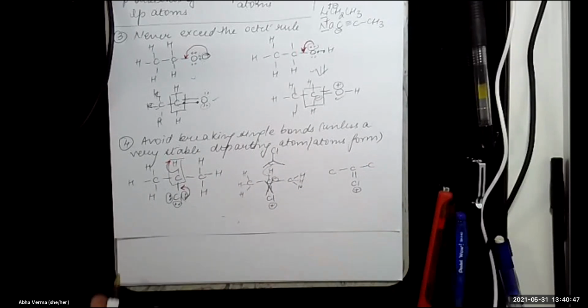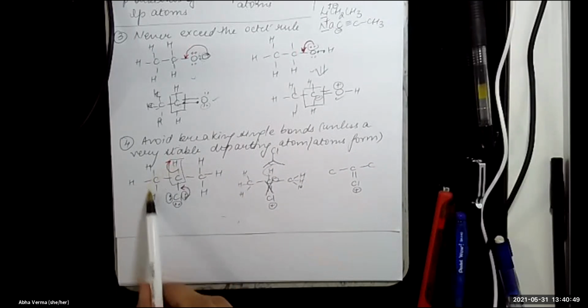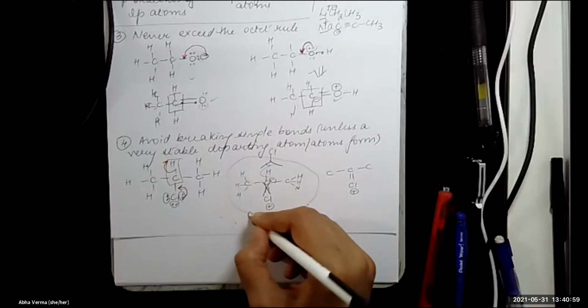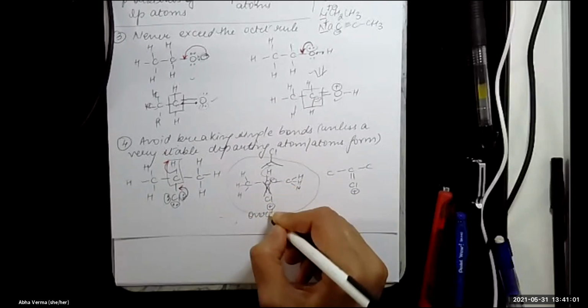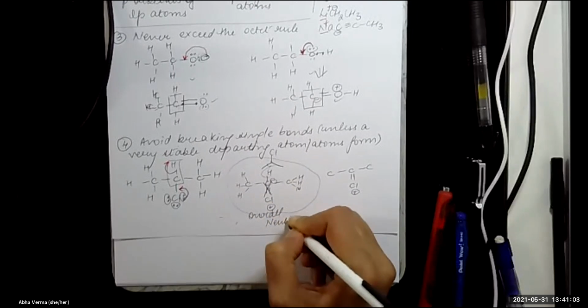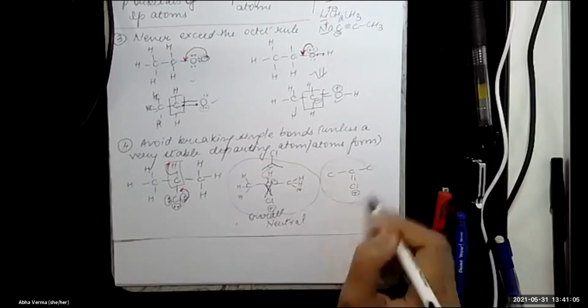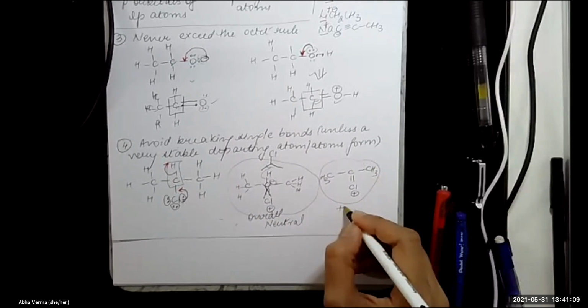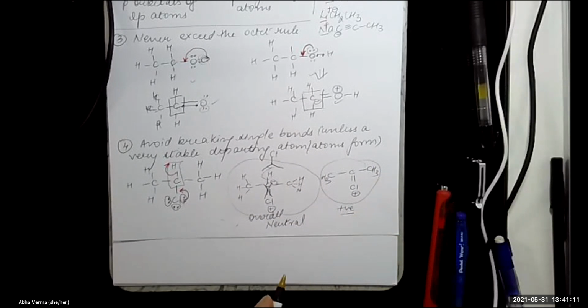Look at this system. Overall, you had a neutral molecule, but now when you're doing the resonance, your structure is a different, positive molecule. Here it was at least overall neutral, but now your structure is going to be overall positively charged.